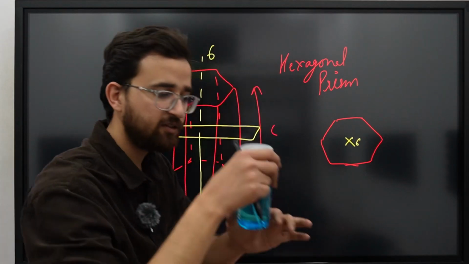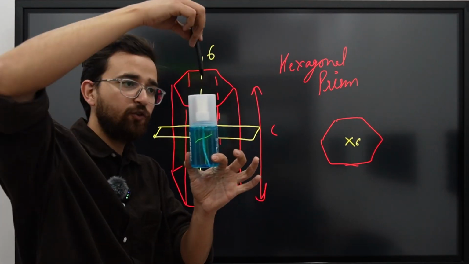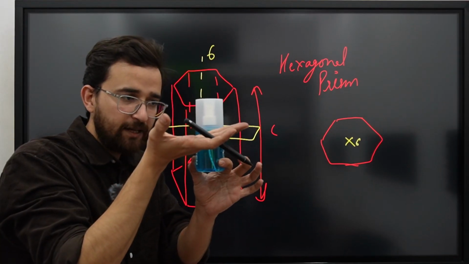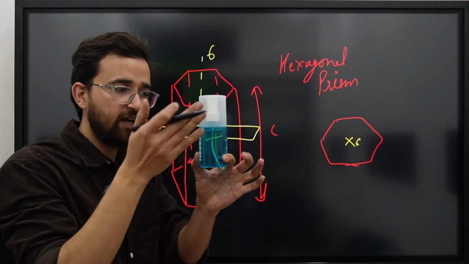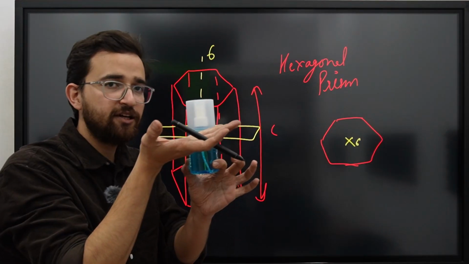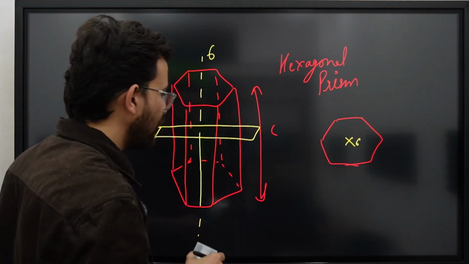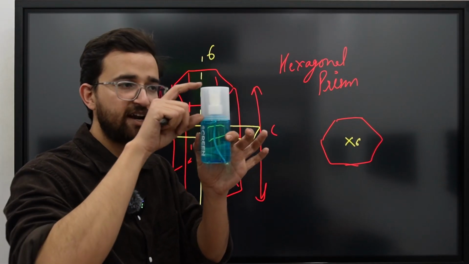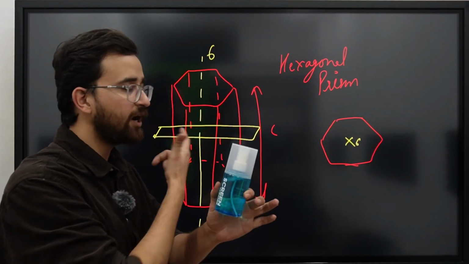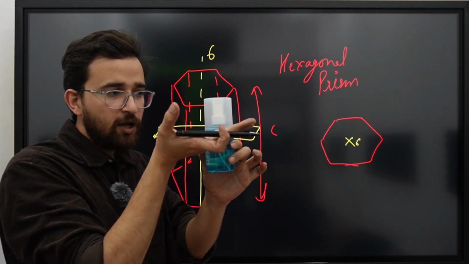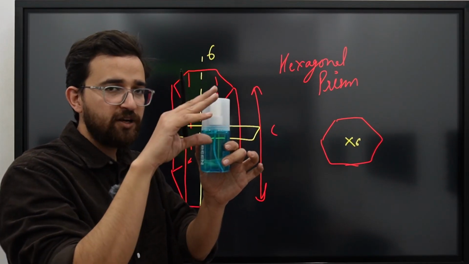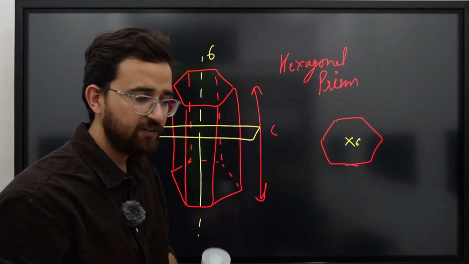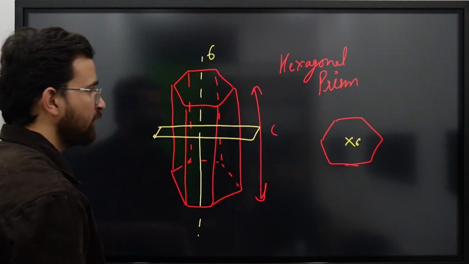So if this is your prism, you have the 6-fold going through it, and you have a mirror plane inside the hexagon as well, a mirror plane cross-cutting the hexagonal prism at the center. Why? Because unlike this bottle, which is different at the top and at the bottom, the part of our hexagonal prism above the mirror plane is an exact replica of the part below the mirror plane. That is why there is a mirror plane as well.